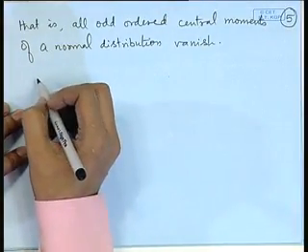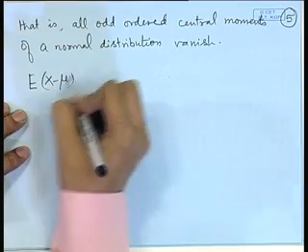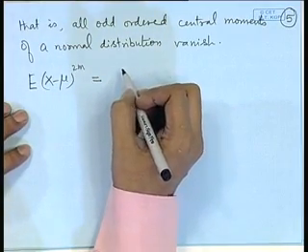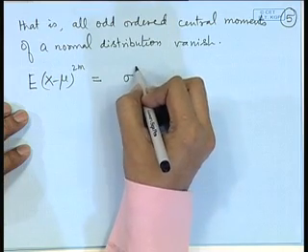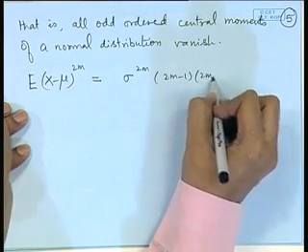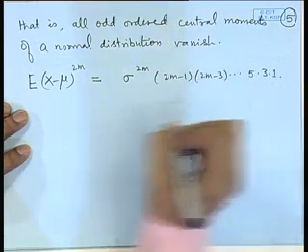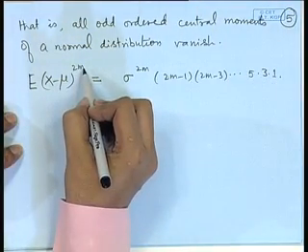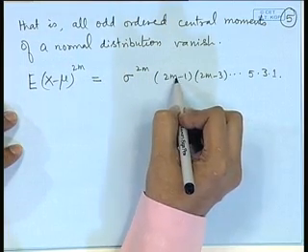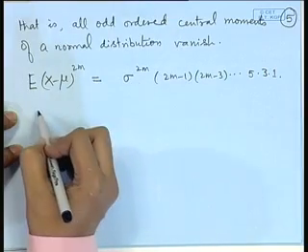Now, let us consider even order. If we consider even order, we are getting the formula sigma to the power 2m into 2m minus 1, 2m minus 3 up to 5, 3, 1. In particular, suppose I put m equal to 1 here, then 2m minus 1 is 1, so that is sigma square.